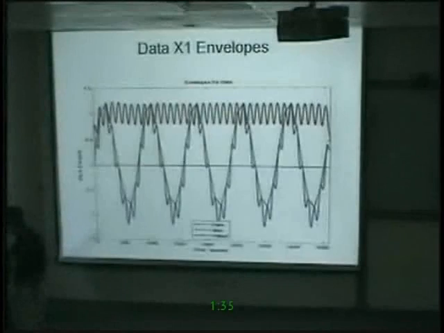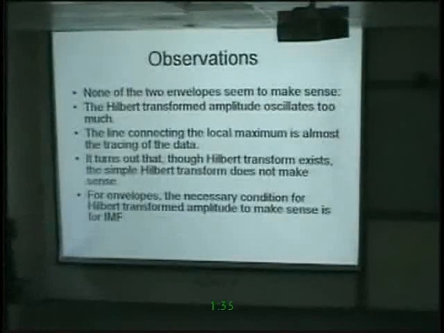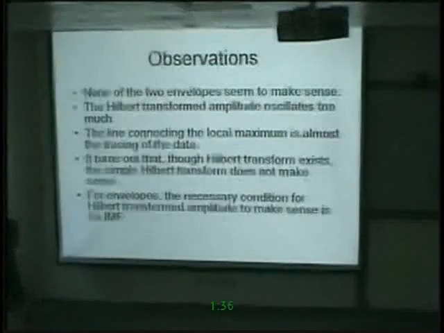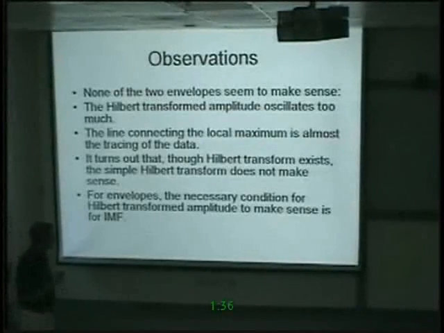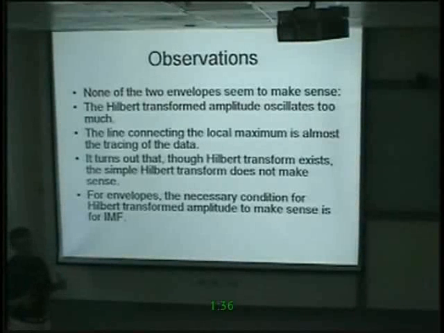So, observation: none of the two envelopes seems to make sense, right? In the Hilbert transform, the amplitude oscillates too much. The line connecting the local maxima is almost the data itself. So it turned out that though the Hilbert transformation exists, using simple Hilbert transformation to analyze data doesn't make sense.